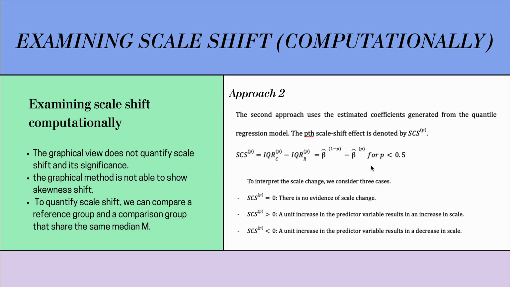Recall that we interpret beta hat P as the estimated change in the pth quantile of the distribution, corresponding to a unit change in the continuous variable xi holding all other regressors fixed.